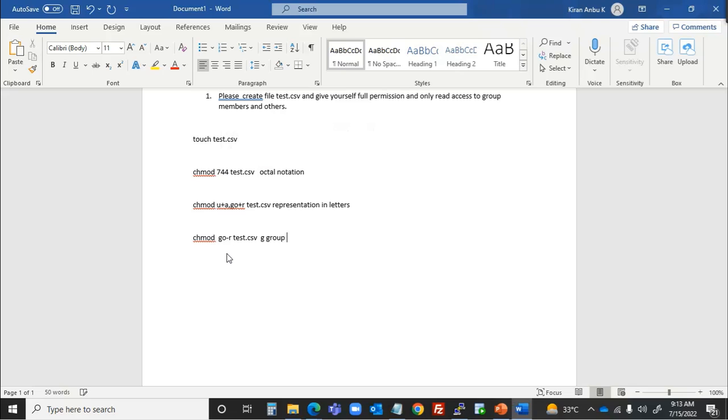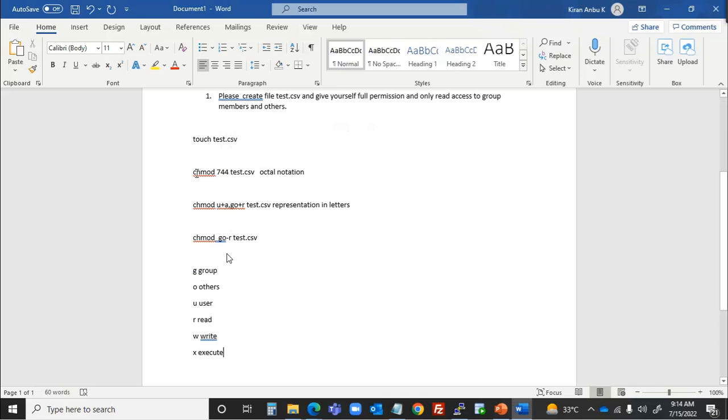If I type like this, you can easily understand: G is group, O is others, U is user, R for read, W for write, X for execute. If you remember this, it is very easy for you. Using this, you can add some permissions to user, group and others, and remove permissions from them. So everything you can do.